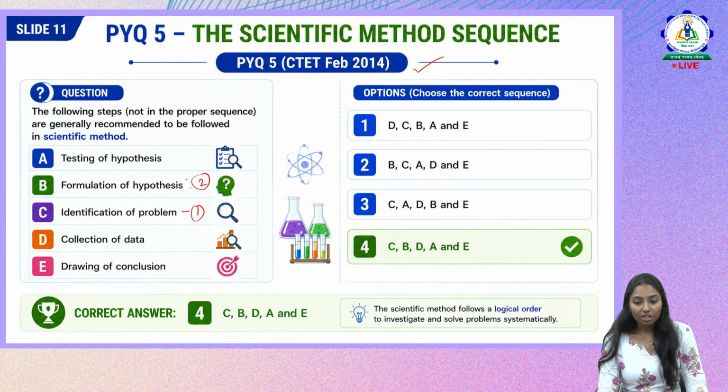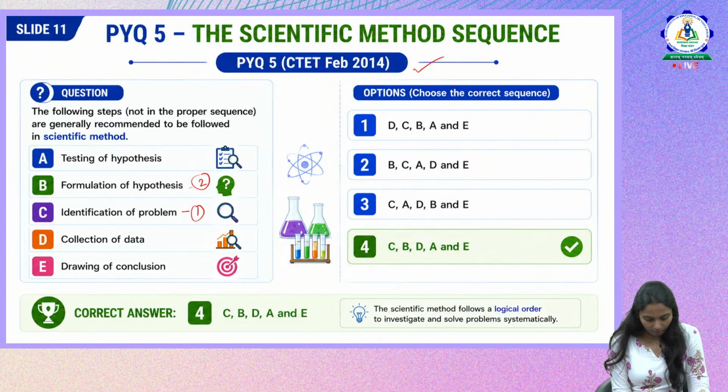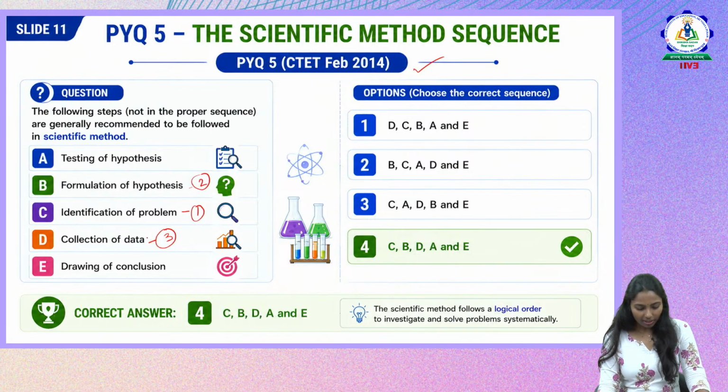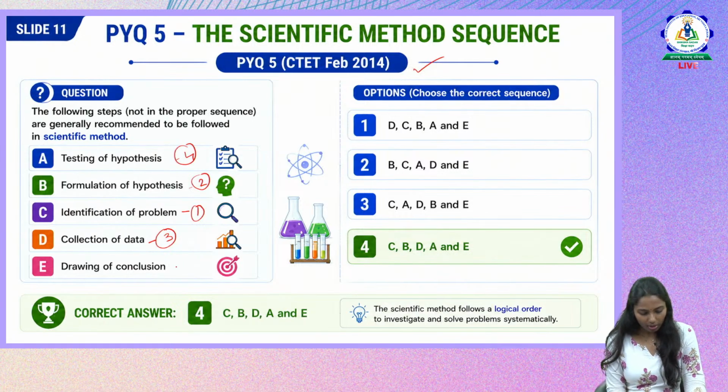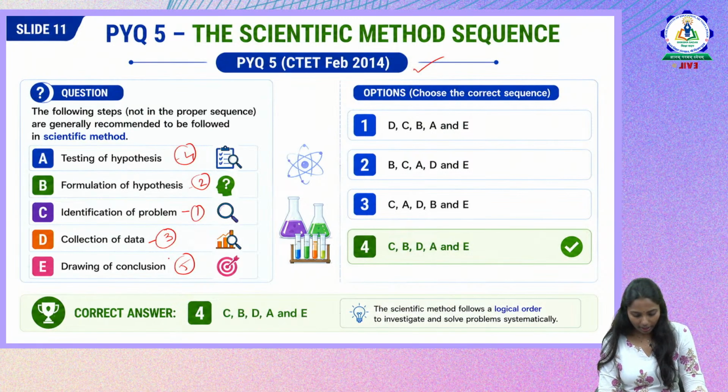Then after formulation of hypothesis, we have to collect data. Then after collecting relevant data, we have to test the hypothesis. Then after that, we have to draw conclusions based on the testing of hypothesis. So now we will check which option goes well with that.